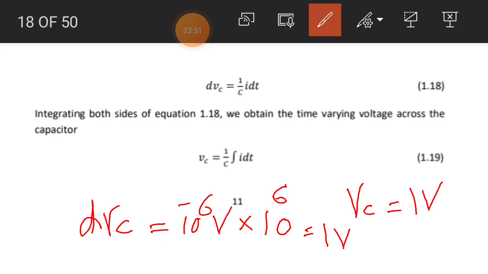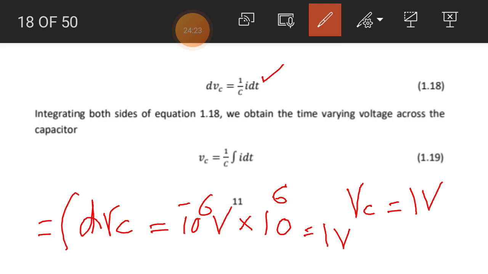So what is the differential voltage? Basically, we divide the total voltage of the capacitor into a very large number of very, very small portions, and this small portion is represented by the differential voltage.